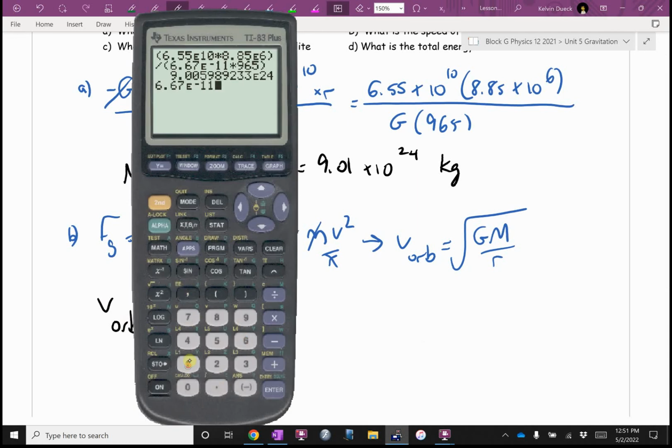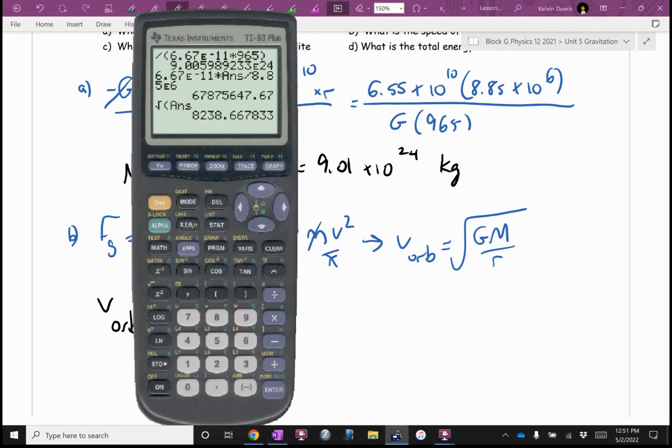Times 10 to the negative 11 times, answer button, divided by 8.85 times 10 to the 6th. That's way too, square root. It's like, that's crazy fast. Now, this isn't the Earth, but it's roughly the size of the Earth. For the Earth, I got orbital speeds in the thousands. The fact that I got one here in the thousands, do y'all get 8238.667? Yeah?